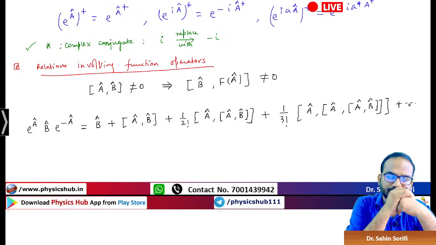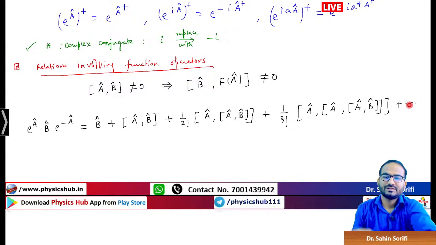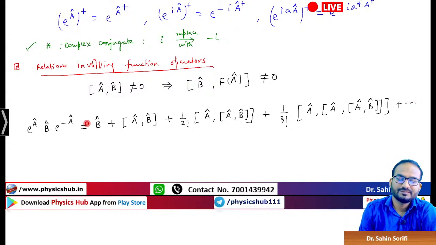You can imagine it in this way: you wrote B, then the commutator of A and B, and after this the previous term is incorporated. The commutator of A and this, then the next commutator of A and this previous term. So the next term will be the commutator of A and this term.